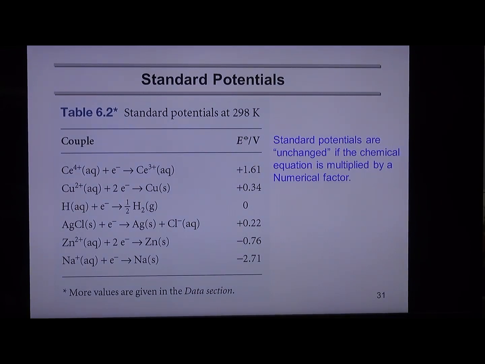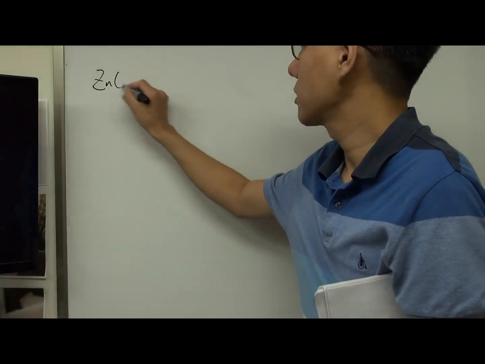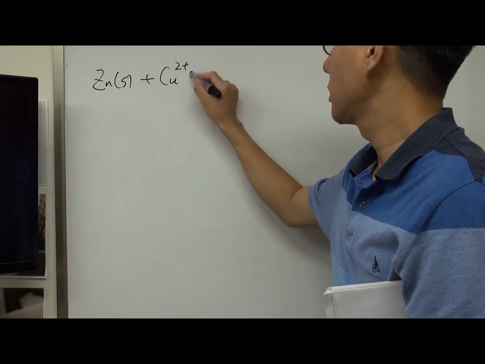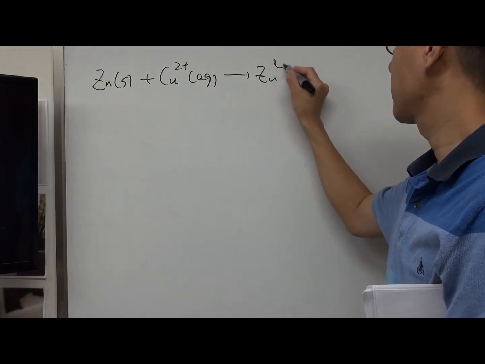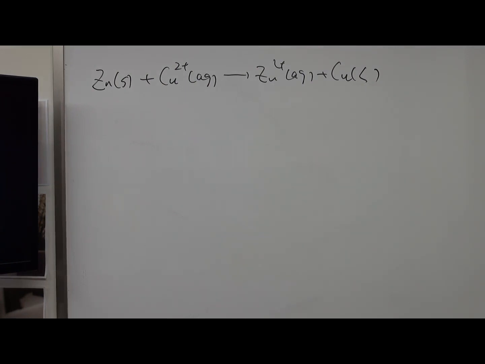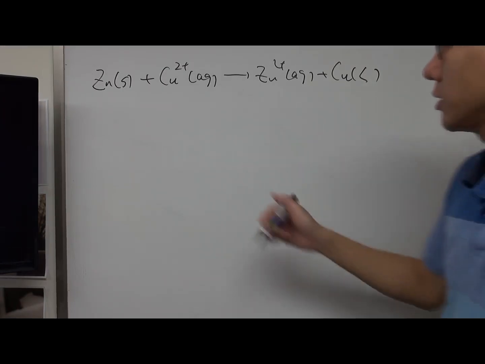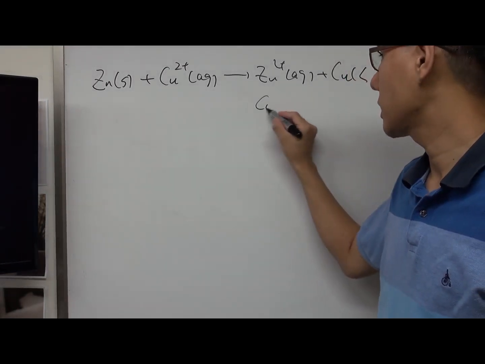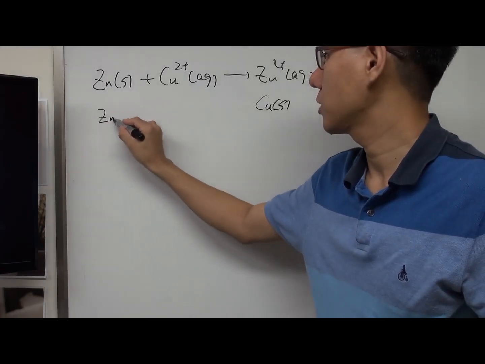Okay? Let's see an example. A common example for this cell, common redox couples, right? If you recall, you put the cathode on the right side, the anode on the left side.